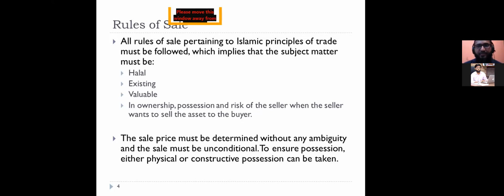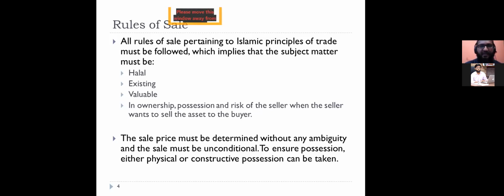So these kinds of sales are not allowed, because when we apply the principles of Fiqhul Malia to contemporary financial transactions, the rules which have been emphasized in Fiqhul Malia have to be applied in contemporary financial transactions.